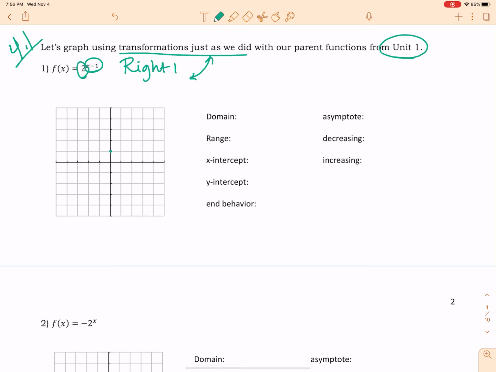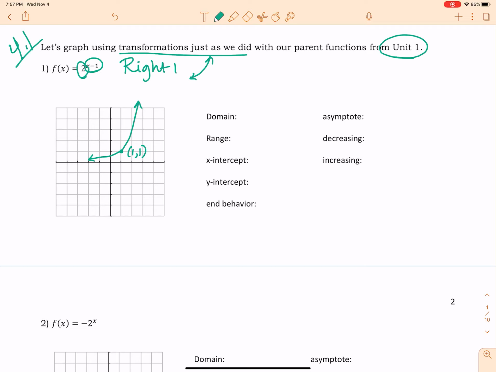Well, I know that the parent would do this. If it's moving to the right 1, it's going to go through that point. So now I've got to draw my graph through that point, just like that. And don't forget to label it. So it is now 1, 1. We're going to talk about that.